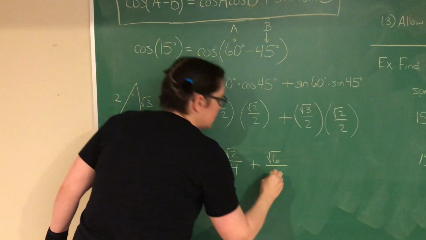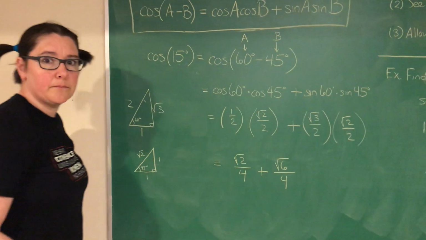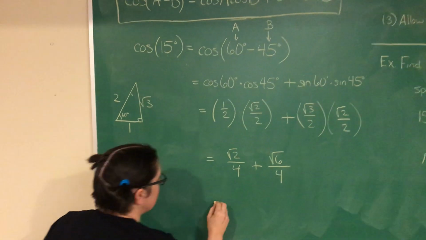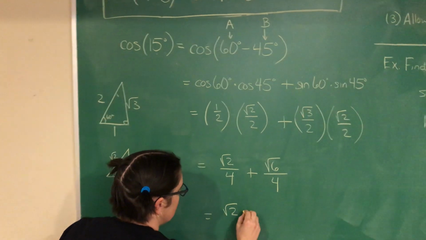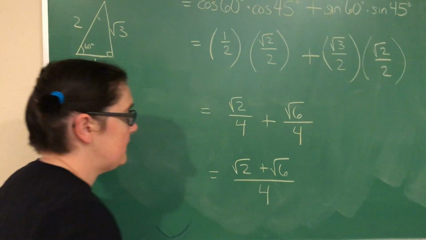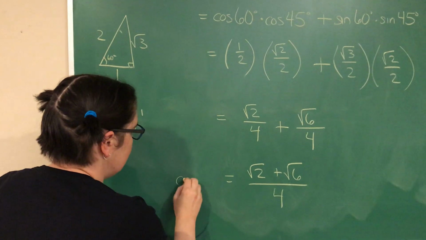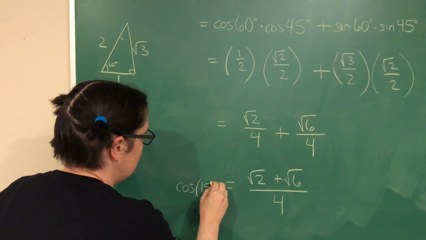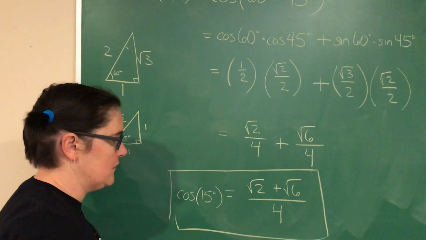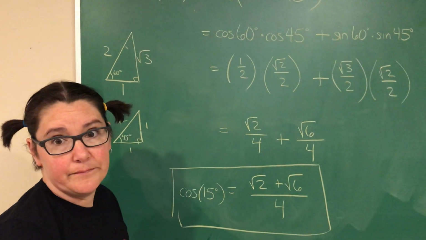In the denominator, 2 times 2 gives me 4. Okay, so now I have two fractions. They already have a common denominator, so I can combine them into square root of 2 plus square root of 6 divided by 4. And so what I've just calculated is that cosine of 15 degrees is equal to root 2 plus root 6 over 4.